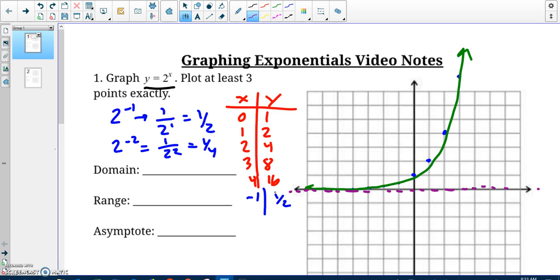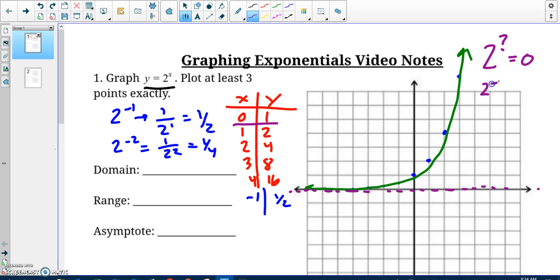The reason it doesn't hit that is because if you ask the question 2 to what power is 0, you can't put 2 to any power and get 0. Even if you put it to the 0 power, you just get out 1.